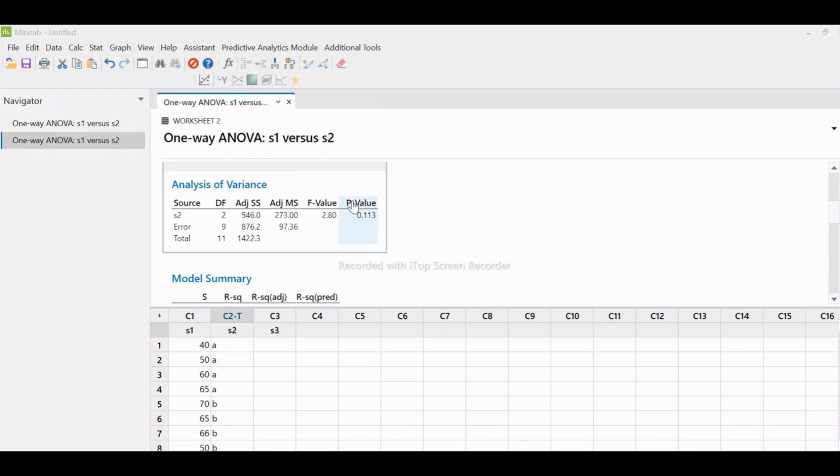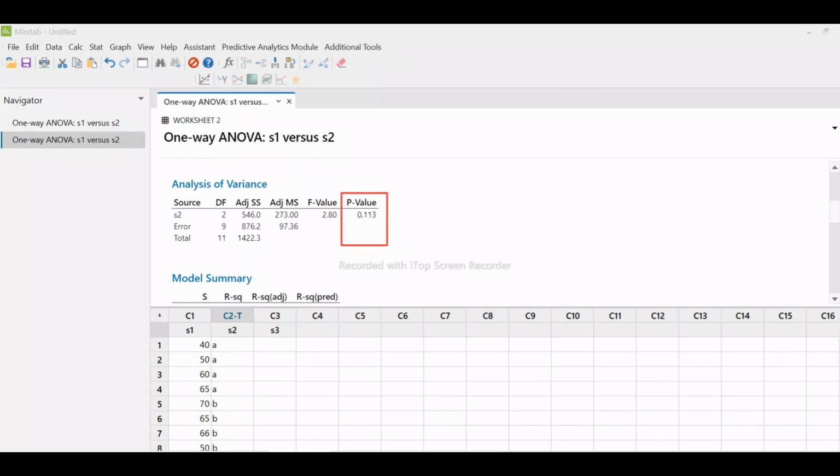So here the p value is 0.113. So here H naught is accepted, because when the p value is greater than 0.05, we accept our H naught, otherwise we reject our H naught.